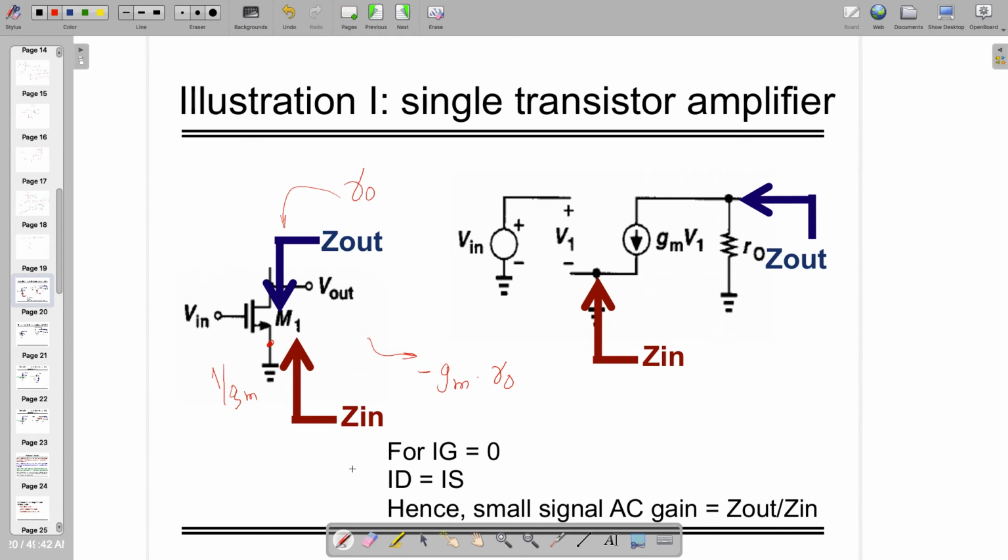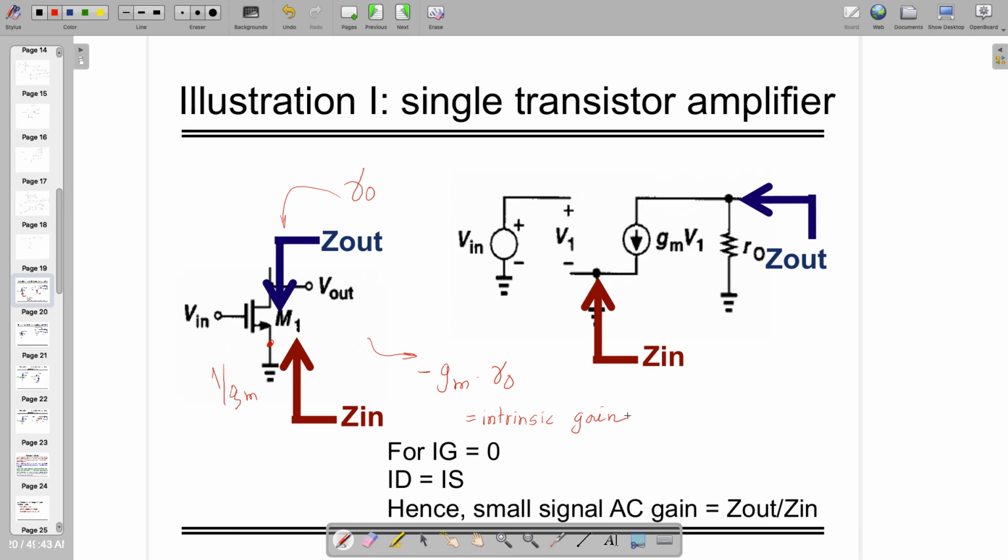So if it is the gain of a single transistor, we are going to call this one the intrinsic gain. The name of this gain is intrinsic gain, right? Because it's the gain of one single transistor. So if somebody is asking you what is the gain of the single transistor, it's GMR, right? And that's also true for the case of BJT. That's also minus GMR, by the way.